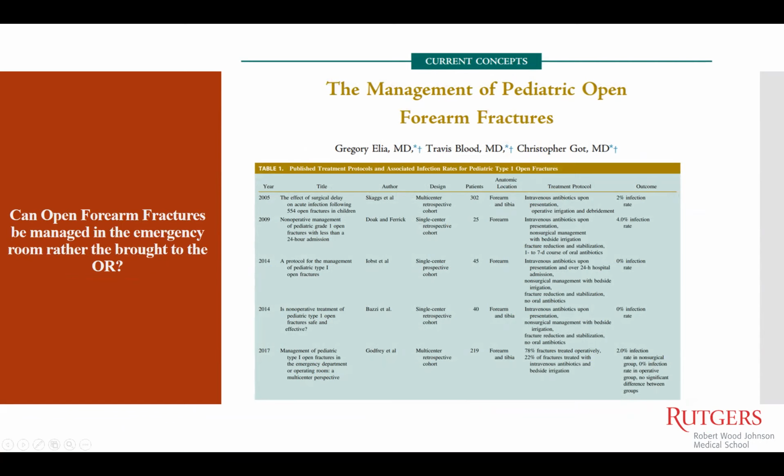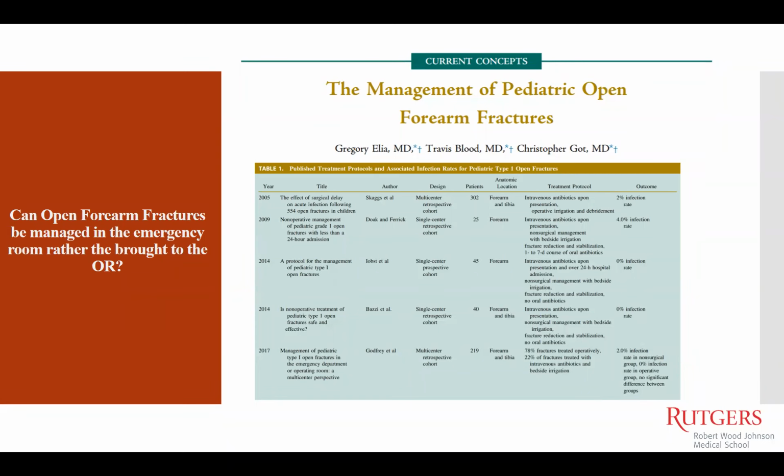It showed no significant differences in the rate of infection, and the fracture was treated between 6 and 24 hours with a 2% infection risk. Loft et al. was a prospective non-surgical management of open fractures with closed reduction in the ER. They gave 3 doses of IV antibiotics over 24 hours and no follow-up oral antibiotics, and they had 0 infections, which I thought was insane.